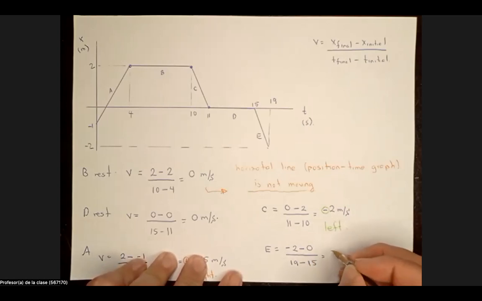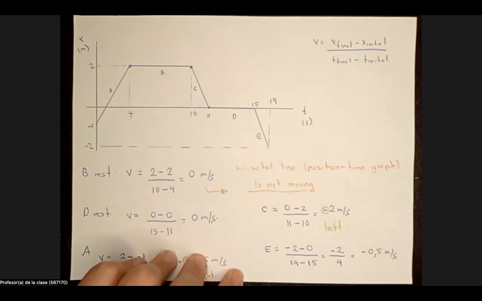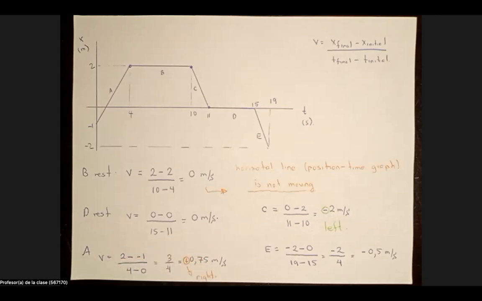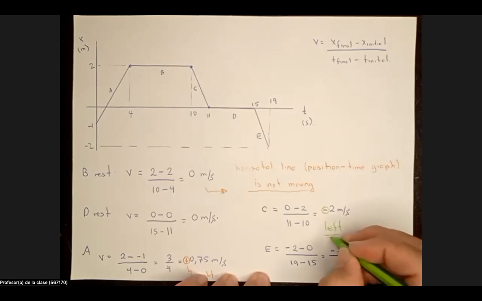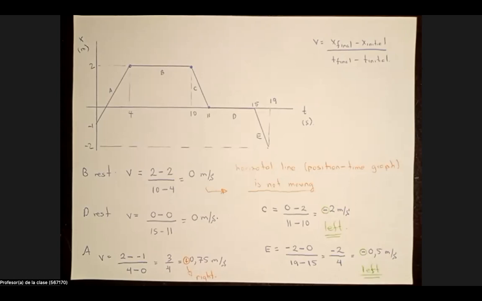So that will be -2 divided by 4, and that will be minus 0.5 meters per second. Again, here the result is negative, so it indicates that the body is moving to the left. So answering the third question, only in segment A is the object moving to the right.